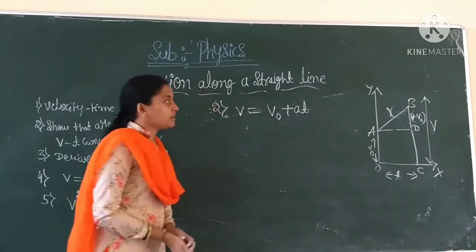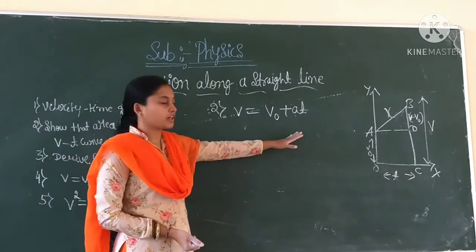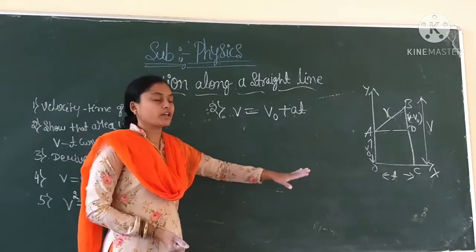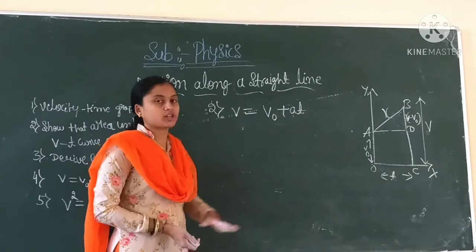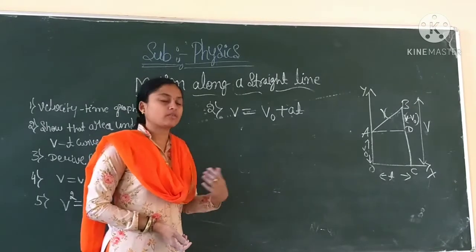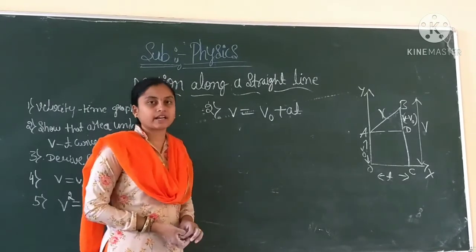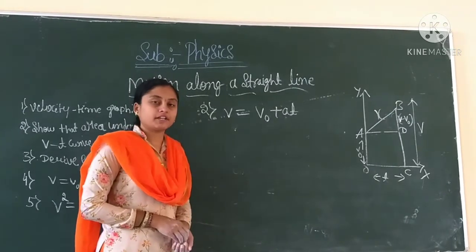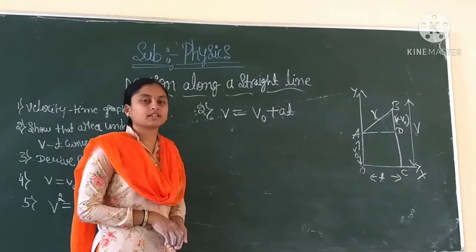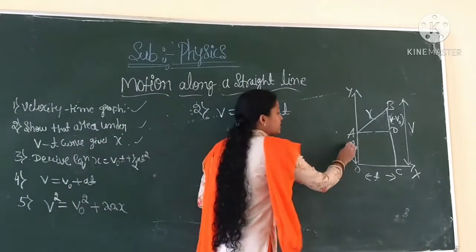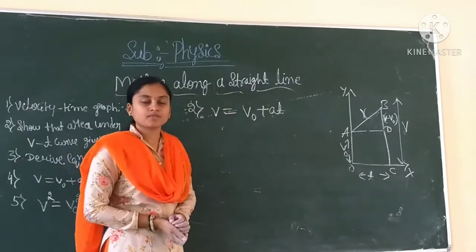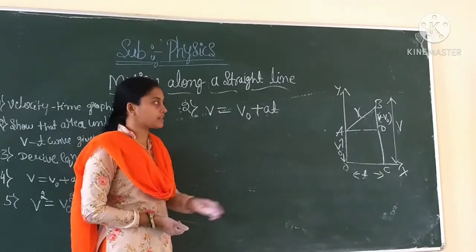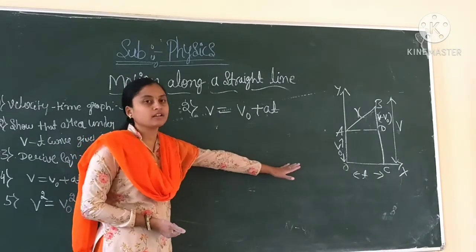Here consider the object or particle moving with a uniform acceleration with the initial velocity V naught along a straight line as shown in the given diagram. After some interval of time t, it covers the displacement x and attains the final velocity v.